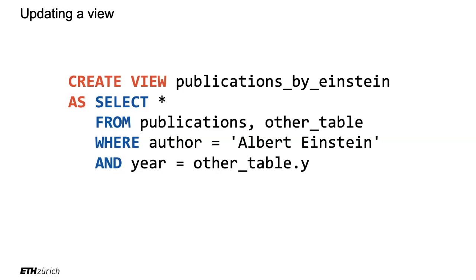Because imagine that in my view I already have a record with the year 1905 that has maybe Einstein on the publication side, and the other table has, let's call it alpha. Einstein, 1905, alpha. It means that in my original publications table I had Albert Einstein, 1905, and in the other table I had 1905 alpha, right?